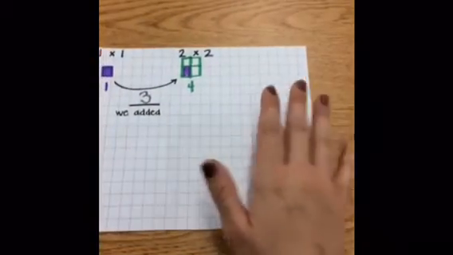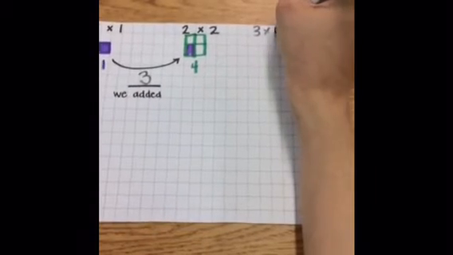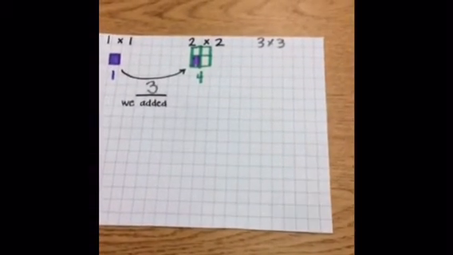Okay, I'm going to make a little bit of space. Next, I am going to do 3 times 3, or 3 rows of 3.